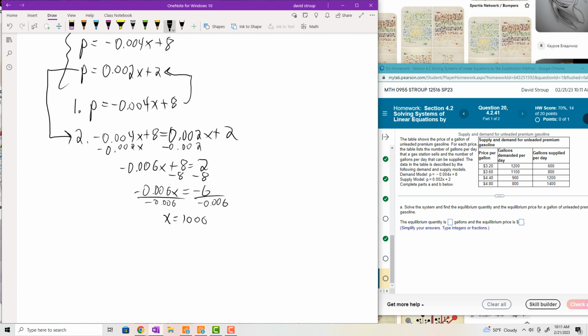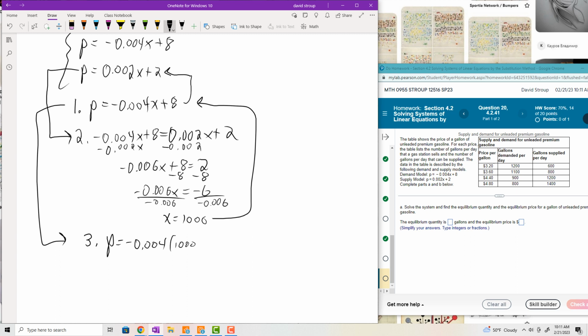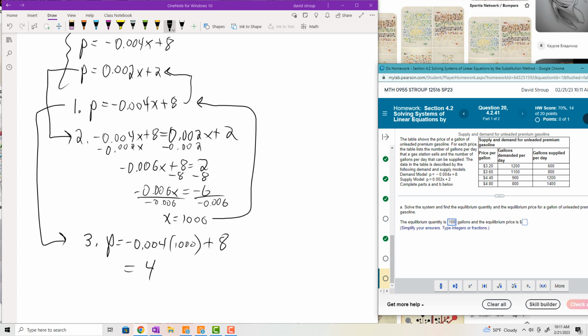Then get your P value by back subbing into this first equation. So that will be $4 per gallon. So the equilibrium quantity is 1,000 gallons, and the equilibrium price is $4.